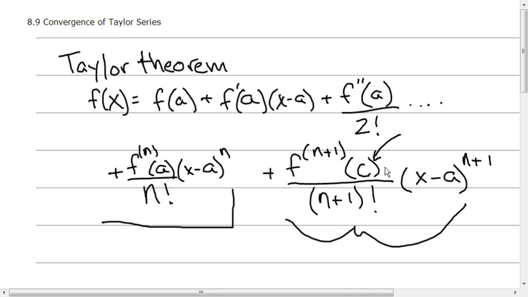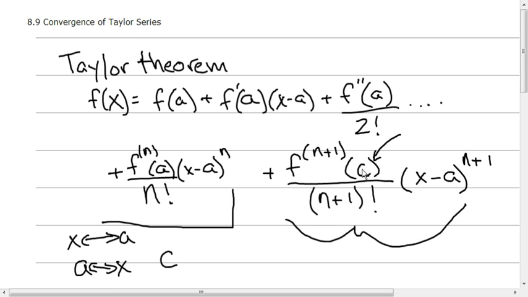And basically, if you read up on this, what you find out is that C is a value that's going to be between A and X. Okay? It's somewhere between A and X, and it could be that X is less than A, or X is greater than A, but whatever, it's going to be intermediate between these two.